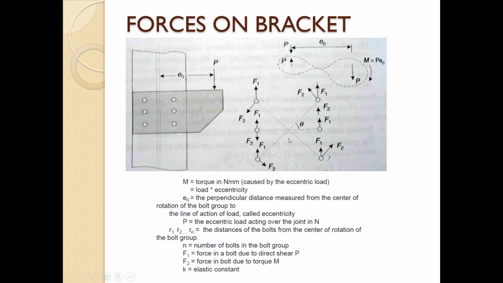This is the center of rotation, about which the group tends to rotate. These distances are r1, r2 up to rn, where n is the number of rivets or bolts in the group. F1 is the force in the bolt or rivet due to direct shear P. F2 is the force in the rivet or bolt due to torque M, and K is a constant.